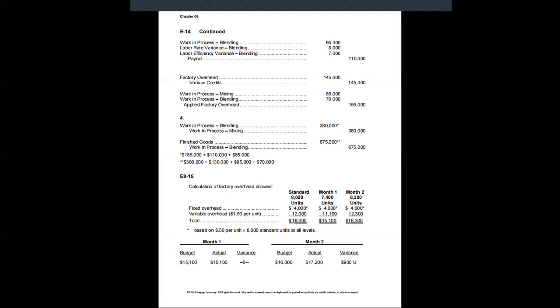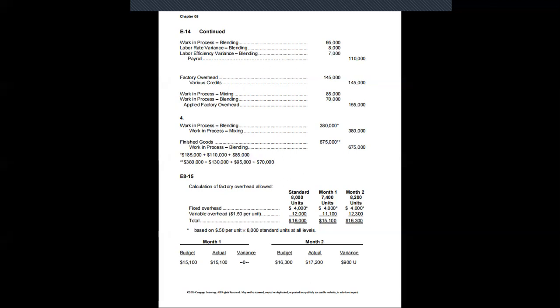Then we have now your variable overhead. The variable overhead is 1.50 per unit. Number of units produced in column 1 is 8,000 units.